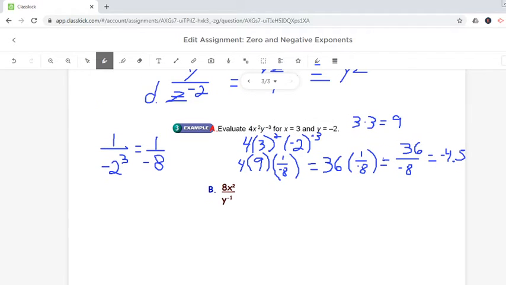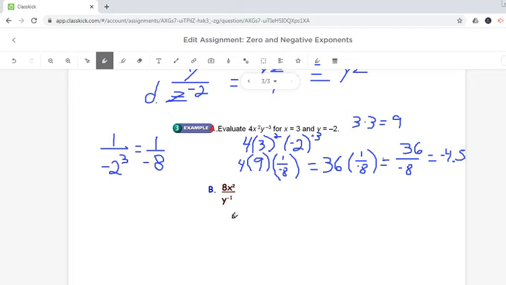Next, we have 8x squared over y to the negative 1. So we have a negative exponent in a fraction, so we need to push it up to the numerator.